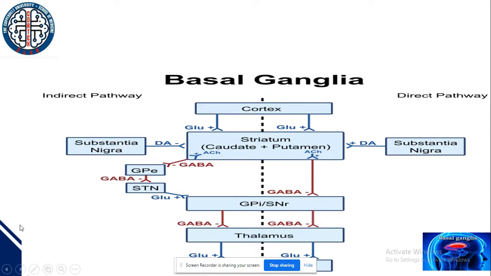So this is the basal ganglia, and it has pathways. We have the direct pathway as well as the indirect pathway. There is another pathway which is not put here, called the intrinsic pathway, but here we're going to focus on the indirect and the direct pathways. Where do these pathways begin?